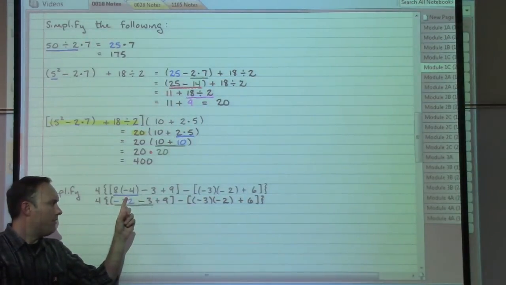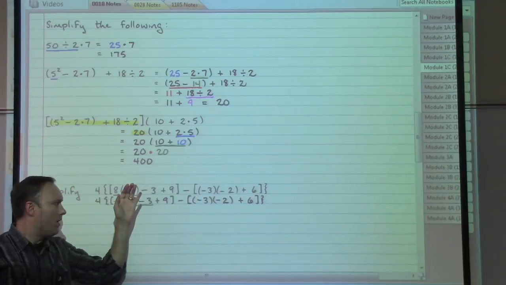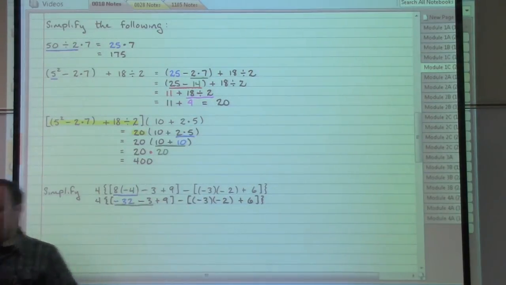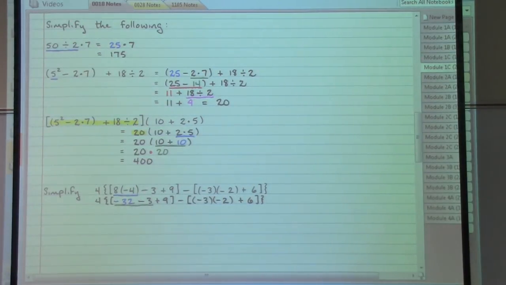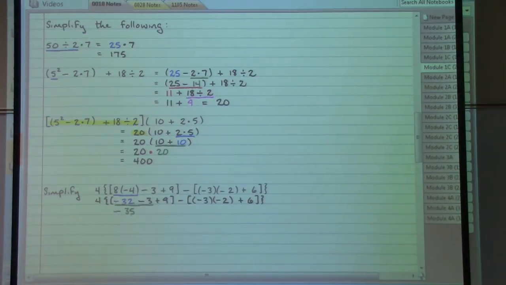So I owe 32 and I owe 3. That means that overall we're going to owe. It means that we're going to have to take the 32 and add the 3 to get a negative 35. And again, that's the one part that we did, so that is the only part that we work out. Everything else gets copied down exactly like it already looked.